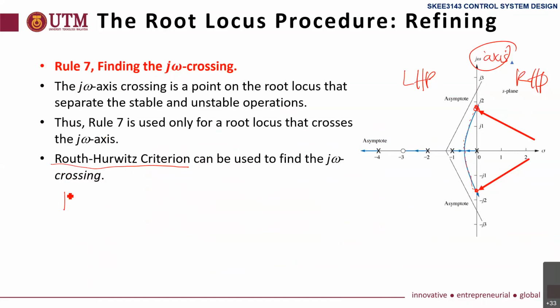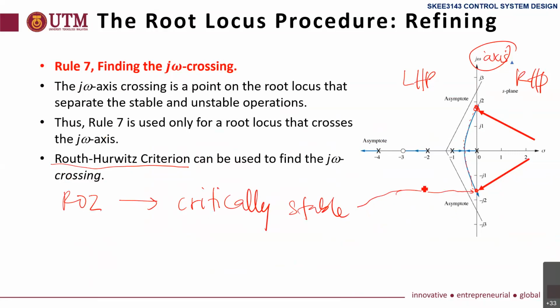Remember, a row of 0 gives a critically stable system. At this point it is critically stable. When it passes the line, then it becomes unstable. So this point can be obtained by using the Routh-Hurwitz criterion.